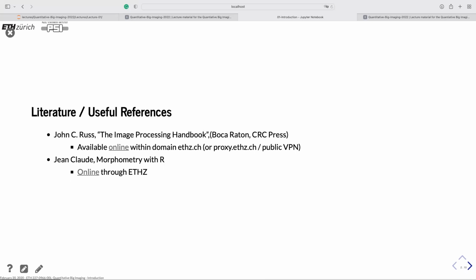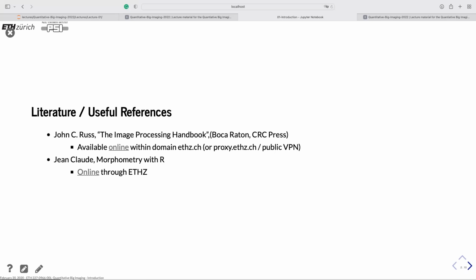A book that's a good introduction to image processing in general is the one called Image Processing Handbook by John Russ. It is available online, and don't buy it. It's about, I think, 1,500 pages or something. It's quite heavy to carry in the bag. So anyway, it's online, so you can download it.